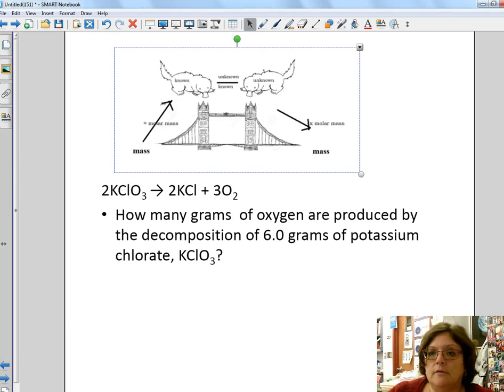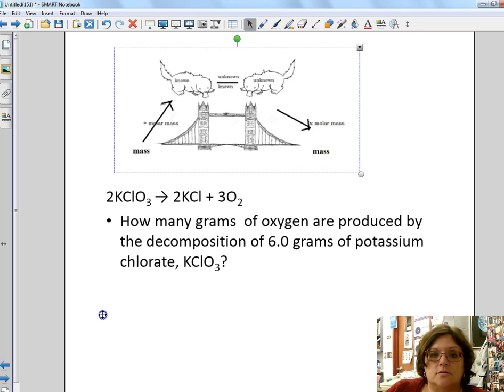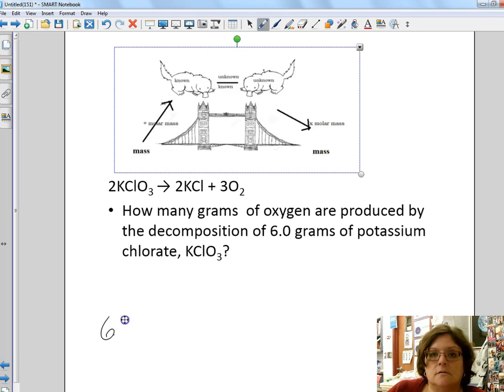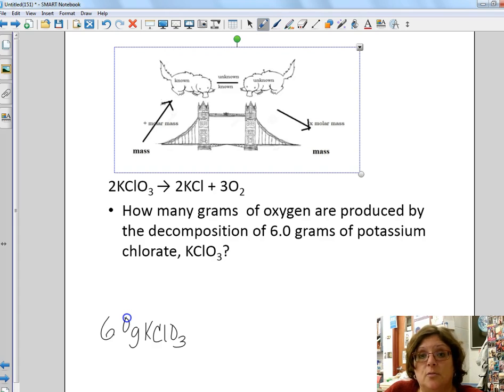This time we're given 6 grams of potassium chlorate. Honors chem is actually doing a lab with us tomorrow. We want to know how much oxygen is produced. Here's the oxygen. So this is our known. Here's our unknown.